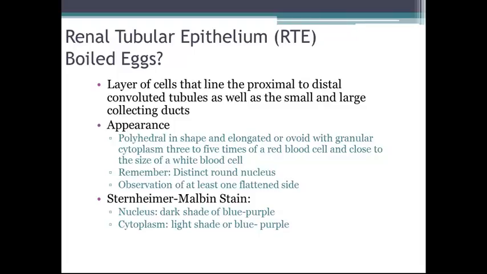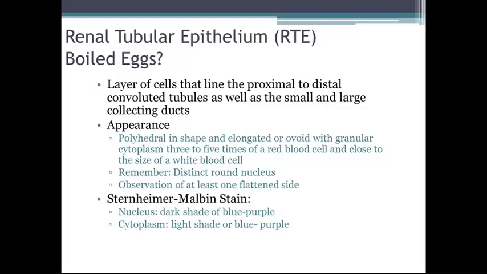Renal tubular epithelium, which we also think of as boiled eggs, is a layer of cells that line the proximal or distal convoluted tubules as well as the small and large collecting ducts. The appearance is polyhedral in shape and elongated or ovoid with granular cytoplasm, 3 to 5 times the size of a red blood cell and close to the size of a white blood cell.